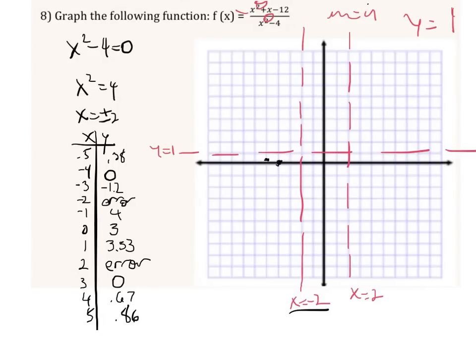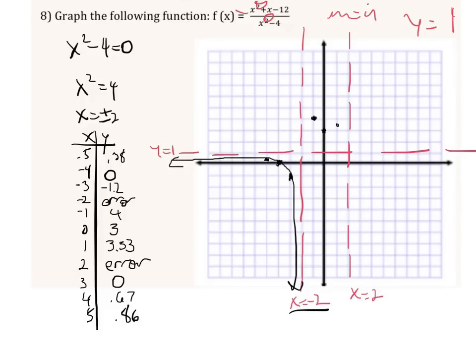At -3 we're at -1.2, and we can see we come along here, hit our points, and shoot on down. Okay. At -1 we're at 4. At 0 we're at 3, and at 1 we're at 3.33.